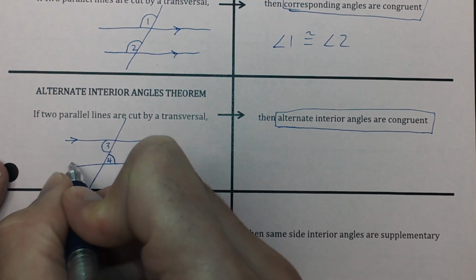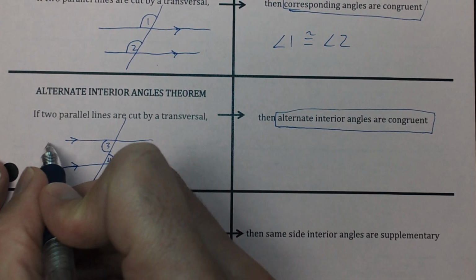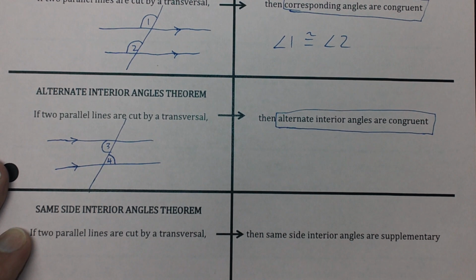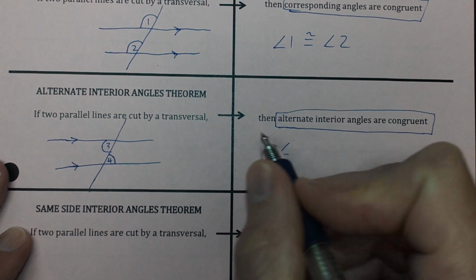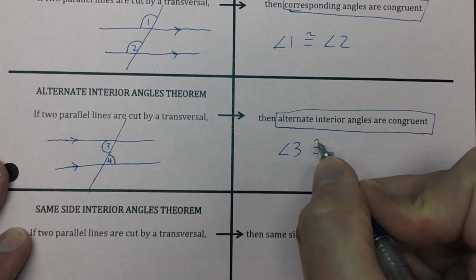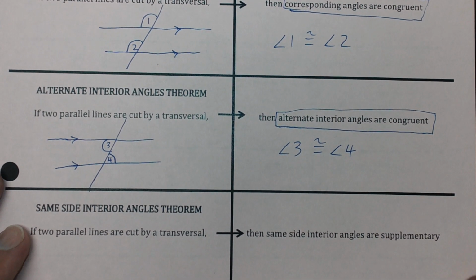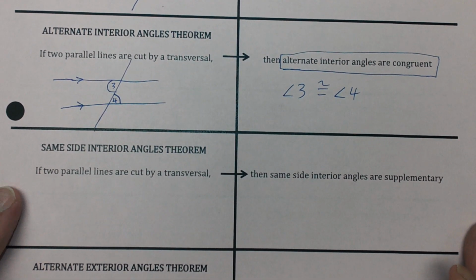And we, again, need our little feathers here to indicate that the parallel lines are parallel. And what we can do here is just say, well, they are congruent angles, so we know that angle 3 is congruent to angle 4. So that's alternate interior angles.